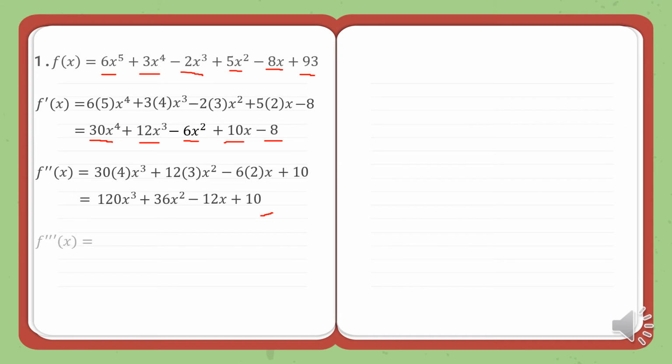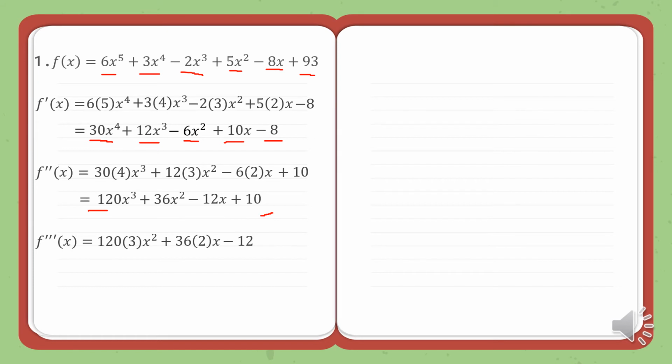Okay? So, kung hanapin natin si third, ayan, f triple prime of x. So, ang derivative niyan is kunin natin yung derivative ng ating second derivative, is equal to 120 multiplied to 3x raised to 2 plus 36 multiplied to 2x minus 12.